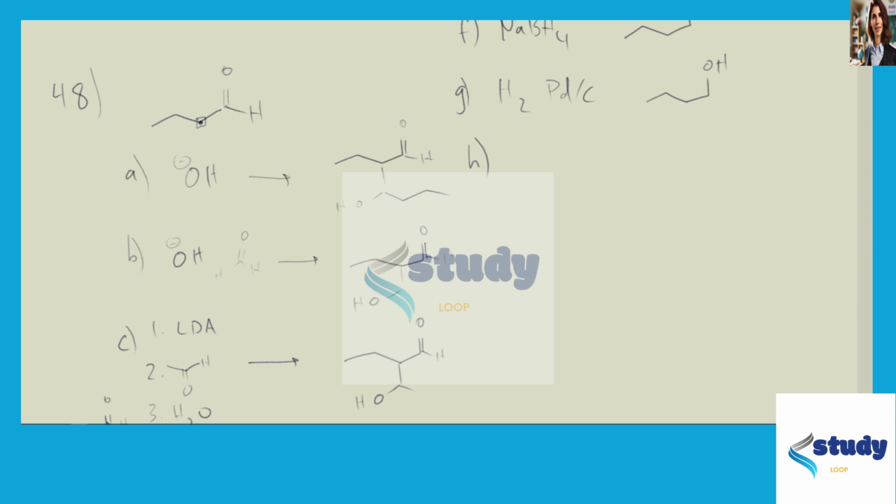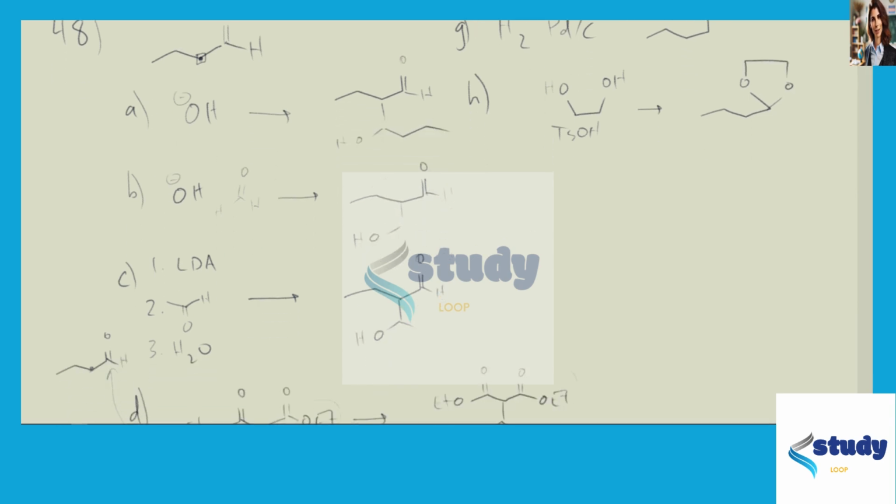For H, we have our glycol with tosylic acid. So of course this acts as your protecting group. We'll generate this acetal.